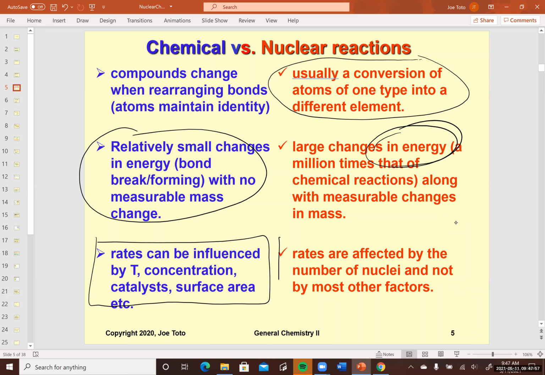But we find that the rates of nuclear reactions really don't depend on very much at all, except the concentration. So we take a look at that some more in detail later on. But these are some of the general differences.